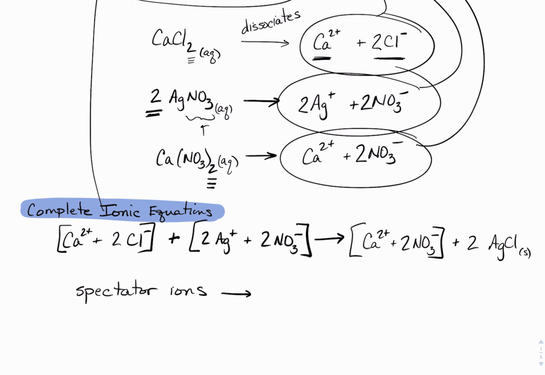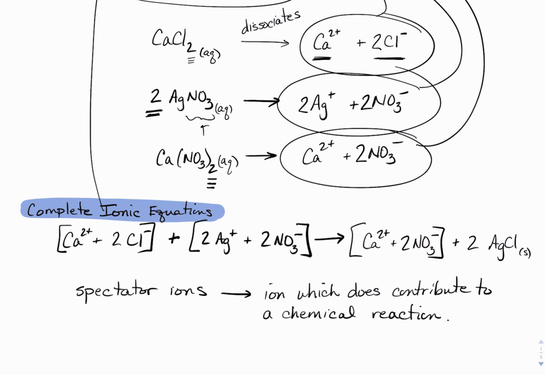And spectator ions are essentially an ion which doesn't contribute to a chemical reaction. Well, how do you know if an ion is a spectator ion? Well, it's very easy. You look and just see, is it the same written ionic form on the left side of the chemical reaction as it is on the right side?